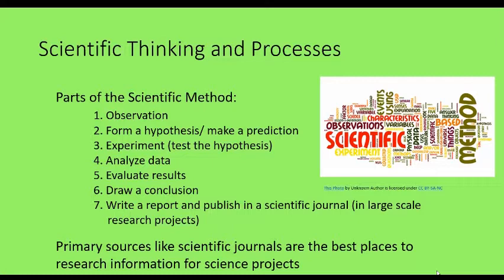If everything goes well, eventually you write a report, publish it in a paper, and that paper, unless it's like a science class, okay, if it is a big, large-scale research project done at a college, you might be submitting it to a scientific journal. Scientific journals are primary resources.